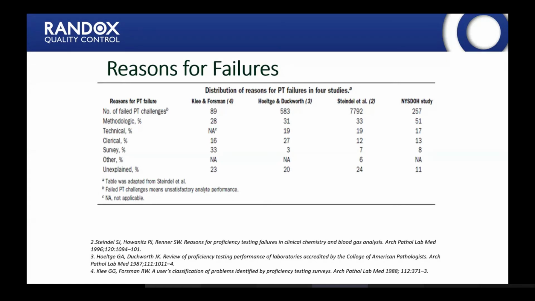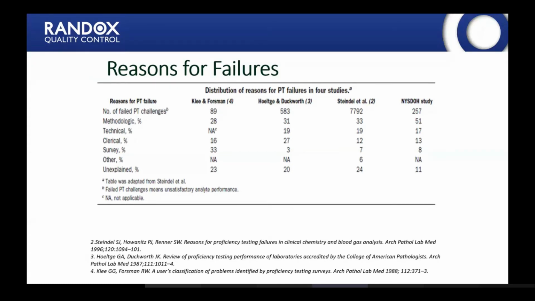You can't determine that you have a bias just based on an individual sample. So this is one of the reasons why we always say looking at running frequent samples and frequent analysis is important in EQA, because we can't make any proper judgment based on an individual result.